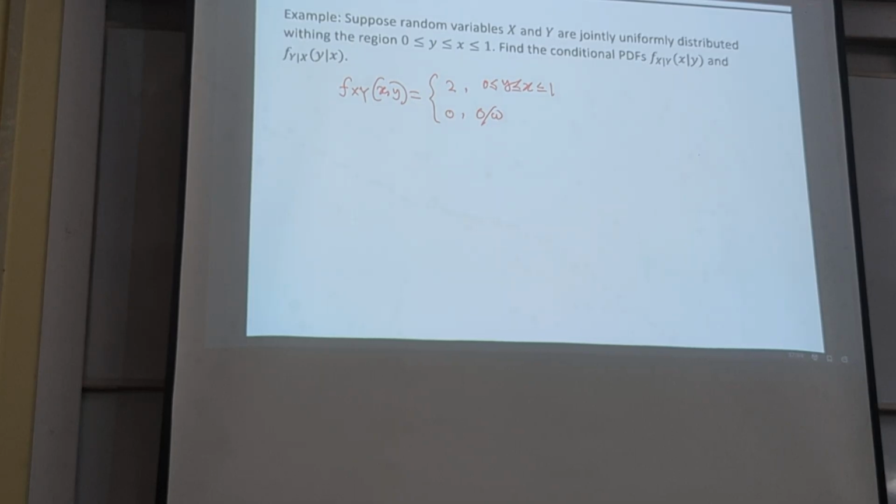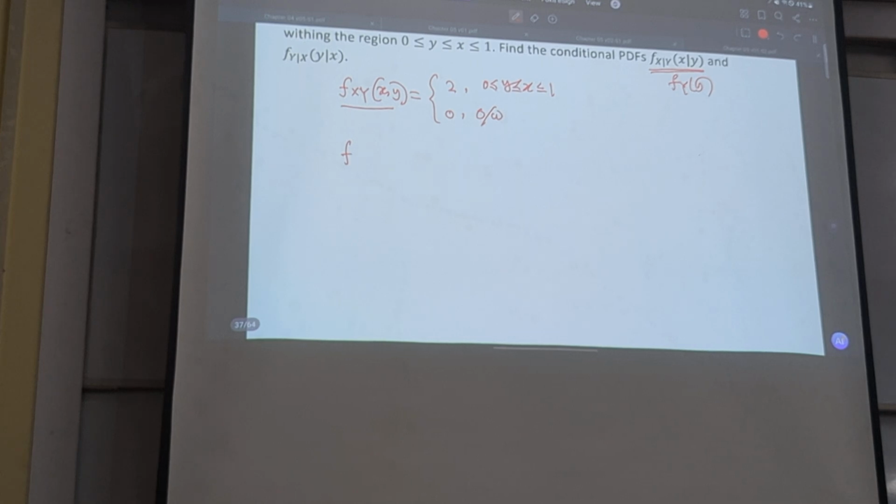Right? Now we want to calculate the conditional PDF of x. To calculate the conditional PDF of x, we need to divide the joint PDF of x and y by what? The marginal PDF of y. So your job is to calculate the marginal PDF of y. Do it.